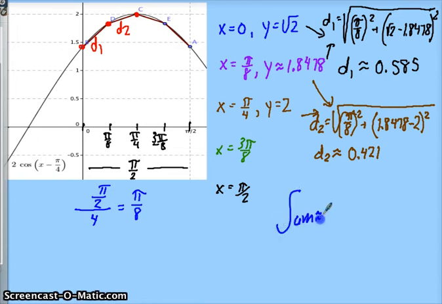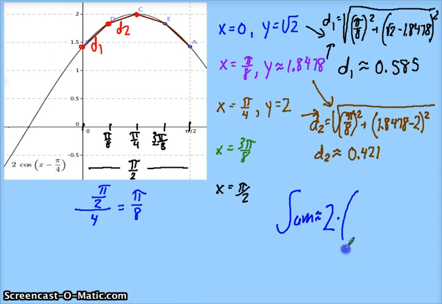And now we just have to make a very nice simple calculation. Our approximation for the length of the curve of this function from 0 to pi over 2, we're going to take the sum of our 2 distances and multiply by 2.